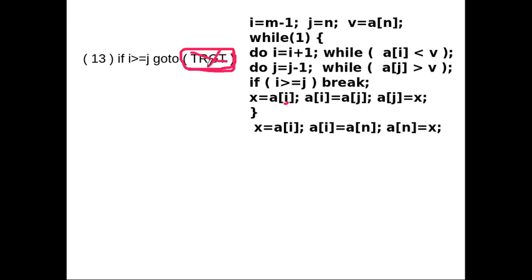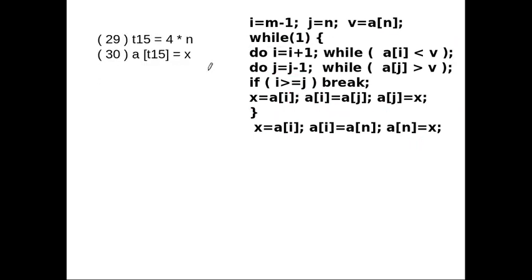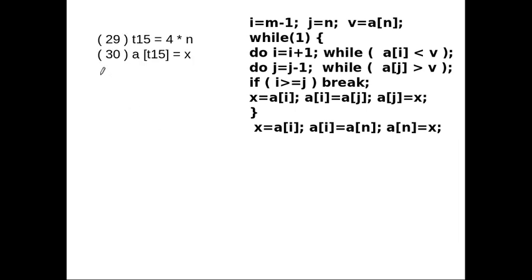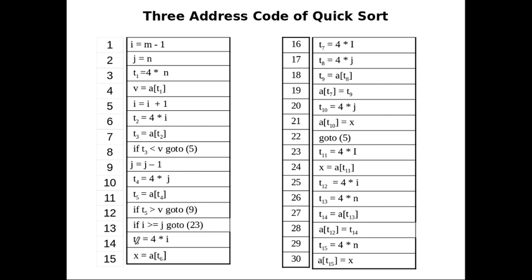Here this target is replaced with 23. So this is the final three address code we are getting. How many three address codes are we getting in total? 30. So these are the 30 three address codes.